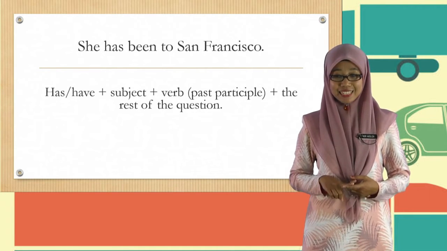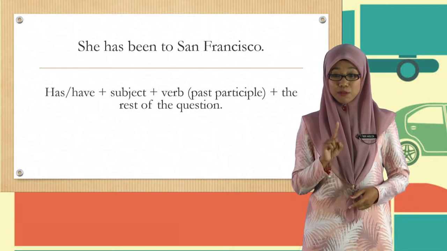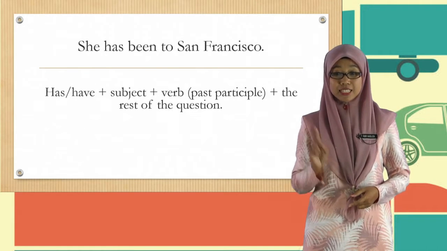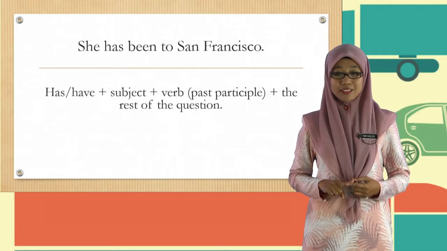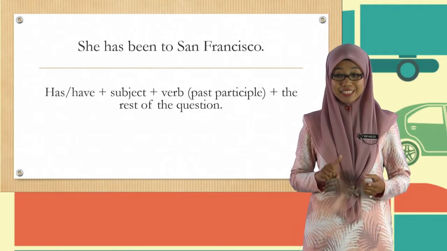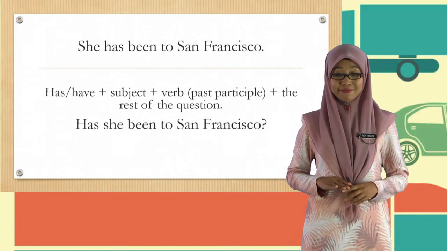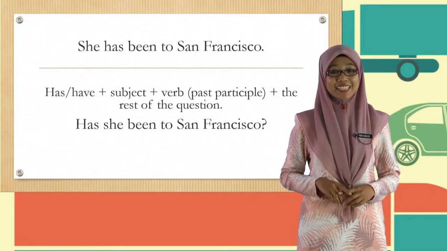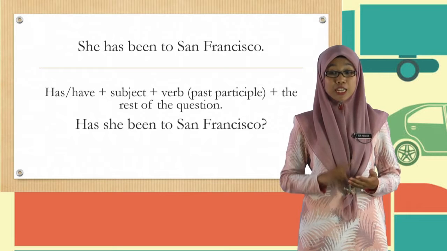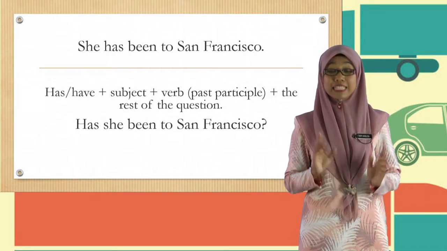Been is the word. And then to San Francisco is the rest of the question. So what is the correct question? Yes, this is the answer. Has she been to San Francisco?